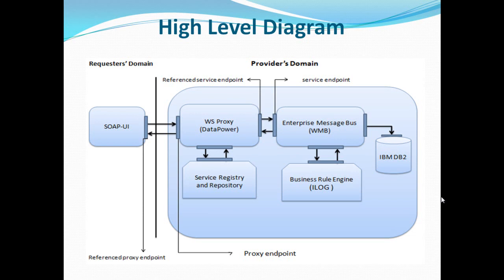In the message broker, our core business logic is implemented, and the WMB application is up and running, which further communicates with iLog for business validation. And finally, after all this validation, the information is inserted in the database. Here in this service we are using DB2 for this particular purpose.